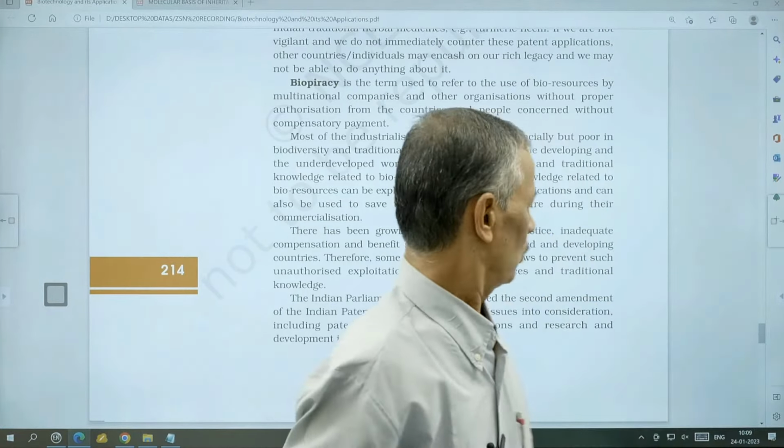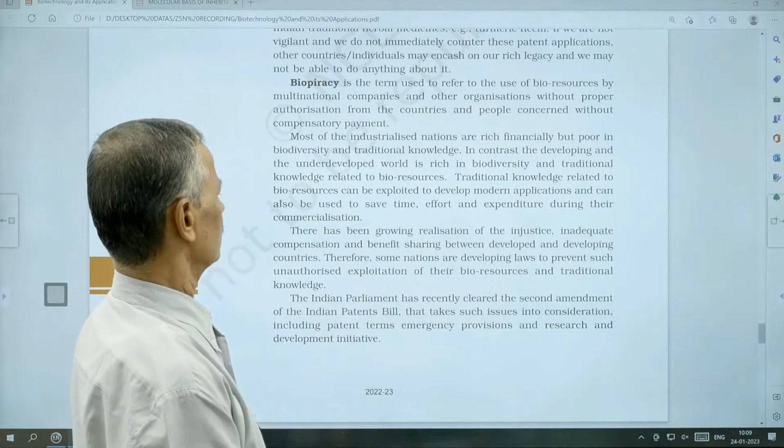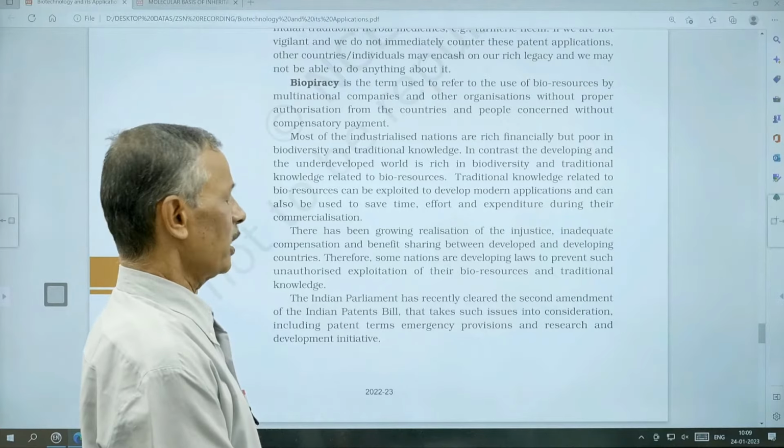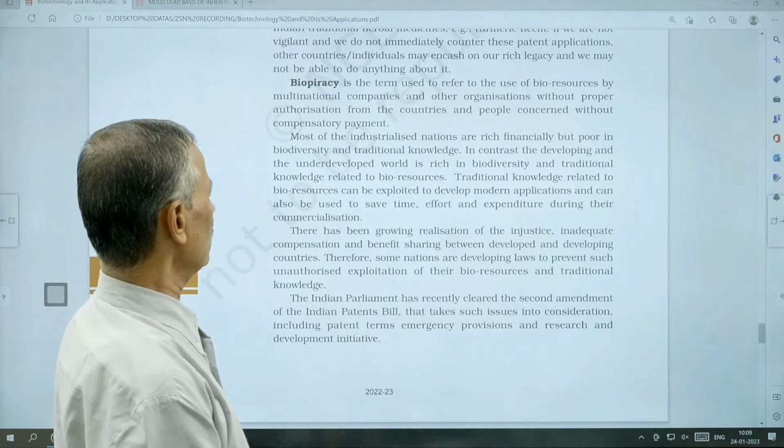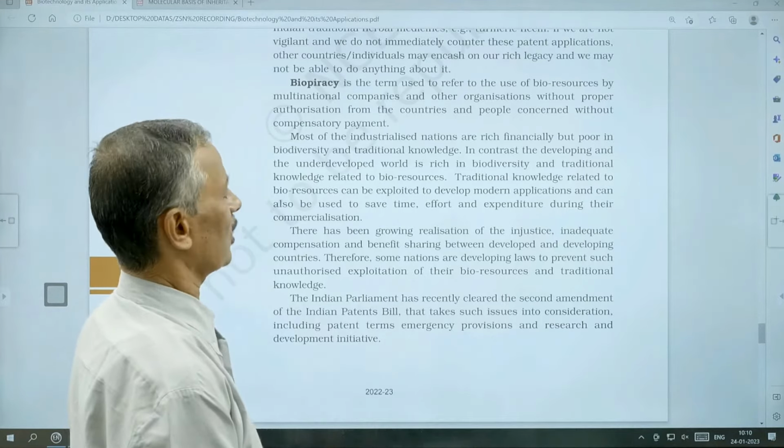Okay. So the Government of India has promulgated rules in Parliament, and even the second amendment of the Indian Patent Bill has been passed.